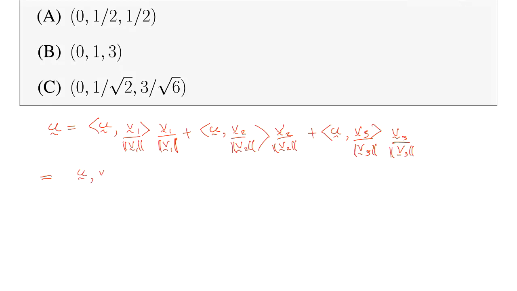So I can write this as the inner product of u and v1 over the inner product of v1 and v1, times v1. The same thing for V2 and the same thing for V3.